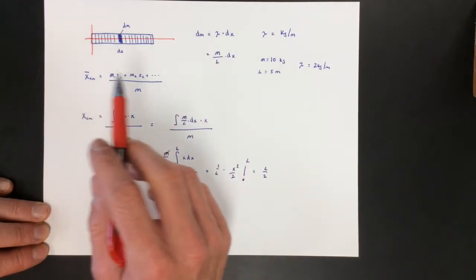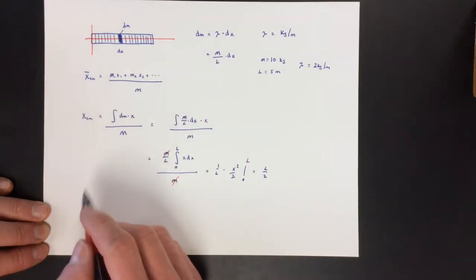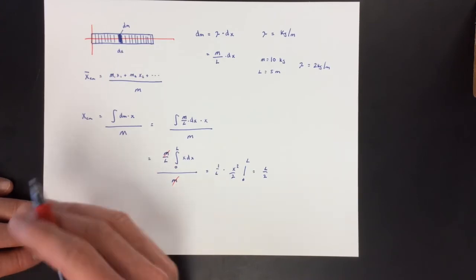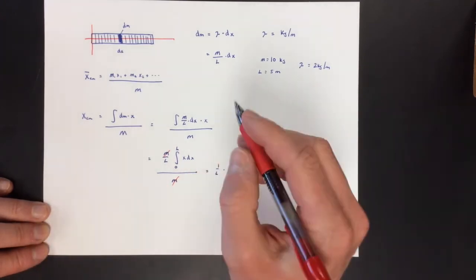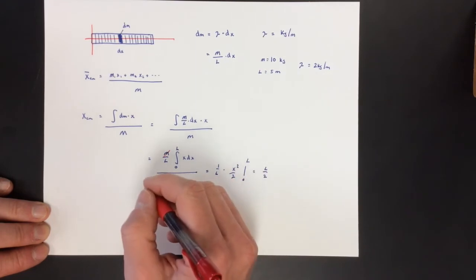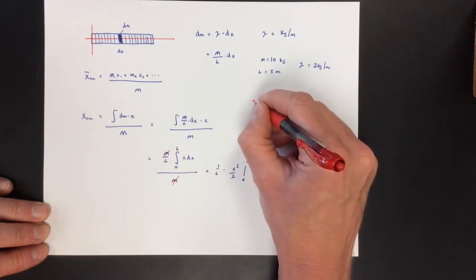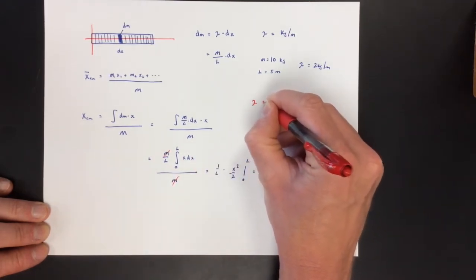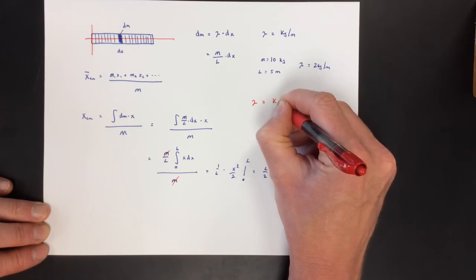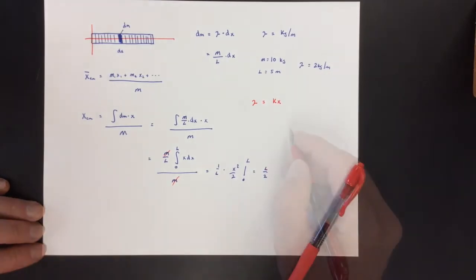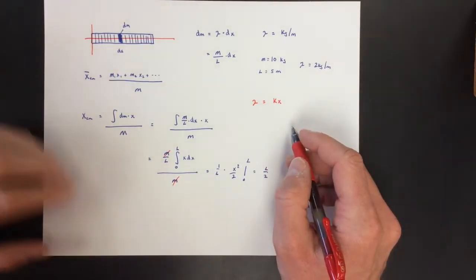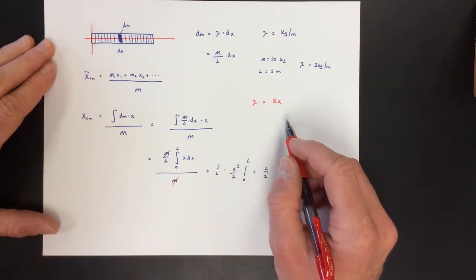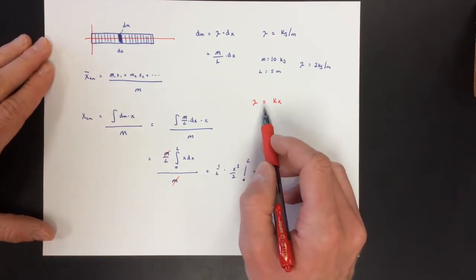Now the question becomes, where's the center of mass if it's not? What if, and now I'm going to go to the red, what if lambda was like kx? So we want to look at a situation where the board has non-uniform density.